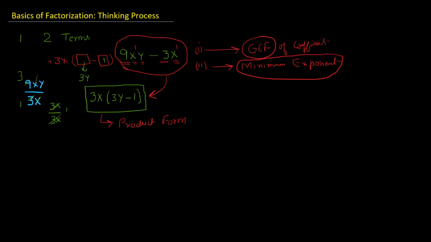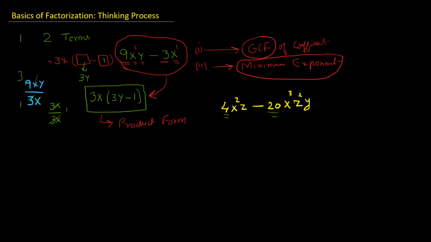So let's say we have 4x square z minus 20x cube z square y, and we have to factorize these two terms. So only two things, 20 and 4. What is the common factor between 20 and 4?